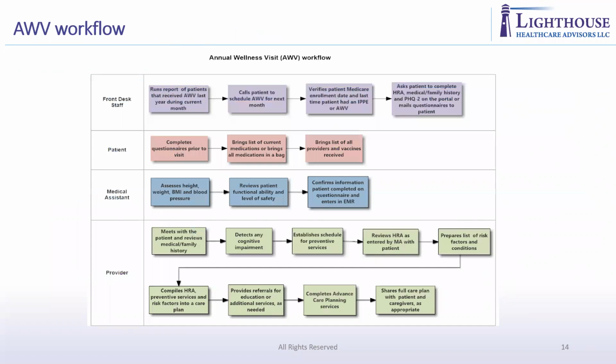So this is really what we view as an ideal workflow. It can work a little bit differently in each office, but we feel that if each of these team members is integral to the process, and if each of these team members can accomplish their tasks, then the visit is accomplished efficiently, and there is a big return on investment.